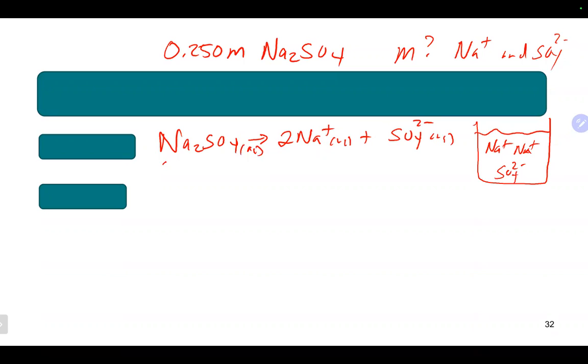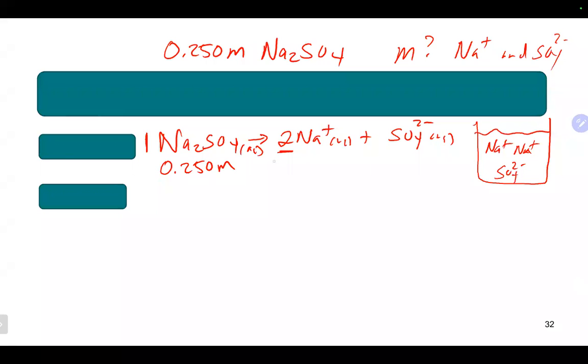And if the concentration of this is 0.25 molar, you could do a stoichiometry relationship to figure out what the concentration of the sodium ion would be in that solution. It is basically a 1-to-2 relationship, so you get twice as many sodium ions for every one of those that go into solution.